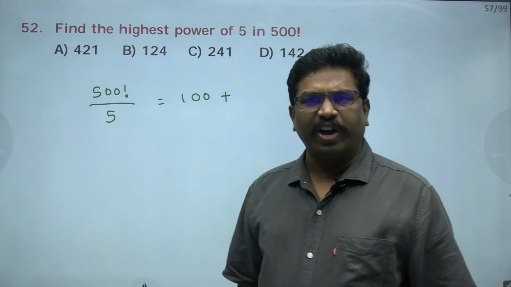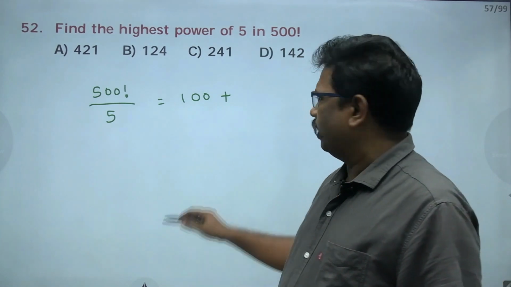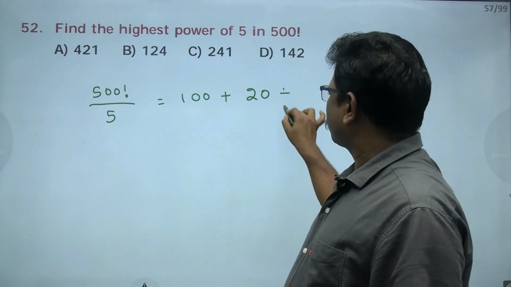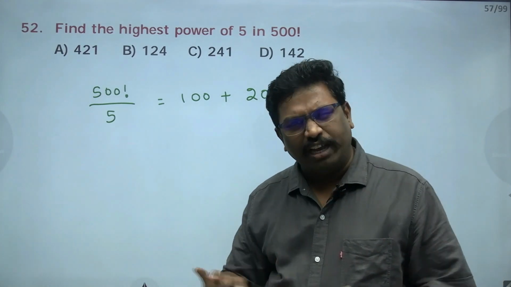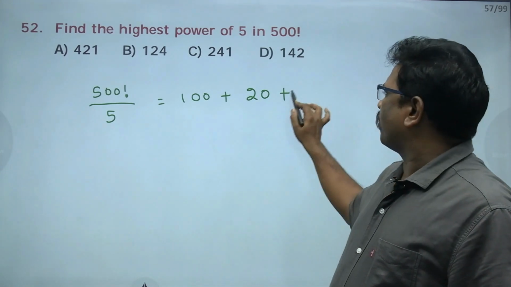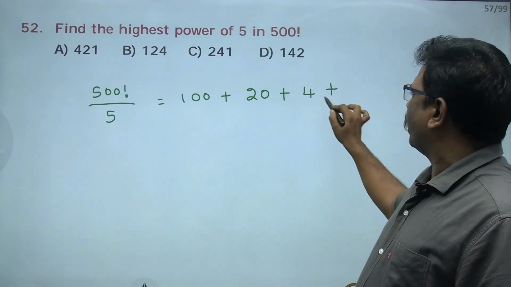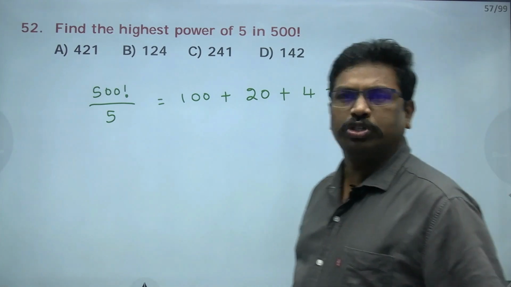Again, by 5, 20. Just divide by 5, whatever is given to you. By 5, 4, by 5, 0. Once you get 0, stop the process.